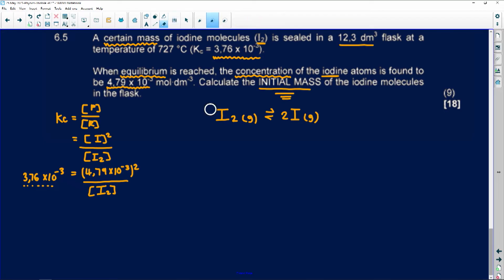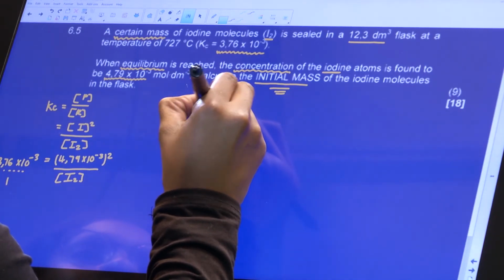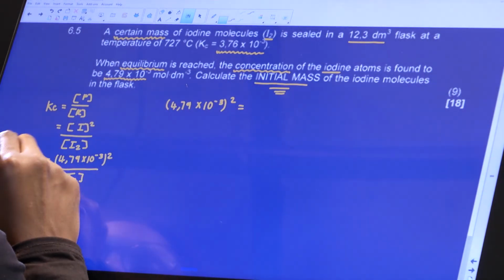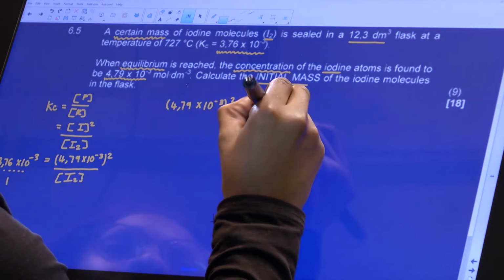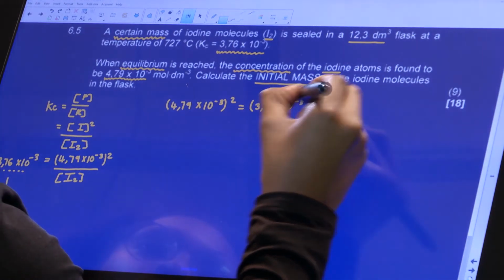Let me take this off, and then I'll come back and write on the side so that you can see what I'm writing. So I'm just going to cross multiply. I'm just going to put a 1 there and multiply by 1. I'm going to have 4.79 times 10 to the negative 3, exponent 2, equals all of this multiplied by the I2. I'm going to keep everything in brackets because if you don't keep it in brackets, the calculator does exponents first.